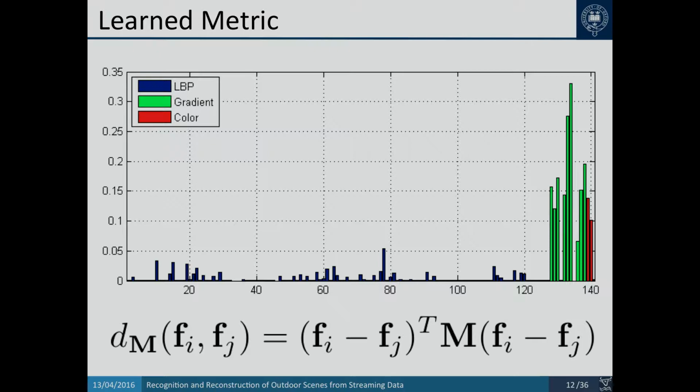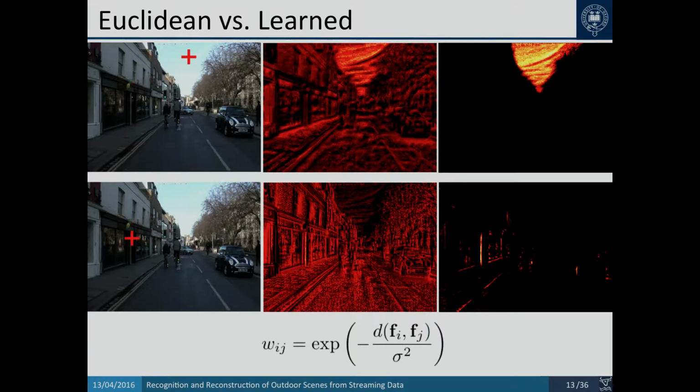This was learned over some simple features such as local binary patterns, gradients, etc. And in order to make it efficient, we use only the diagonal matrix, so that it can be efficient at test time. And when you use this learned metric, you get output that looks like this one. So it's not globally optimal, but it discriminates much better, and that's what we're after.